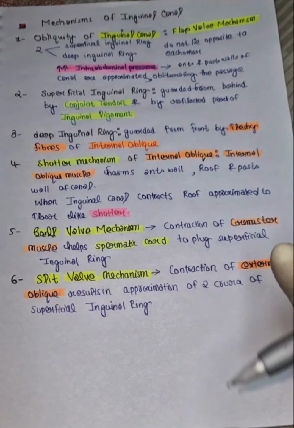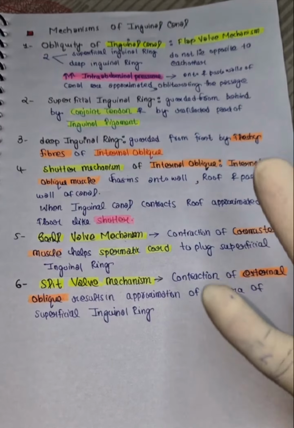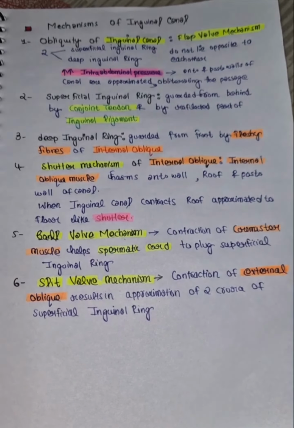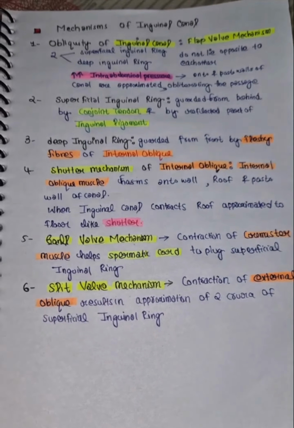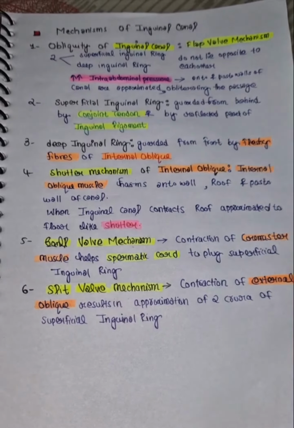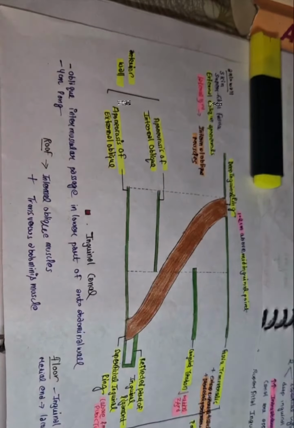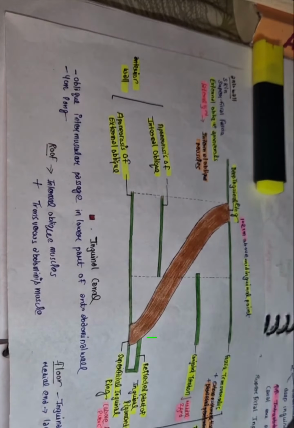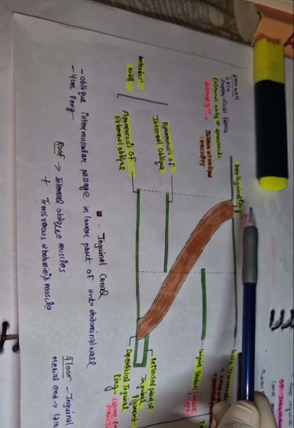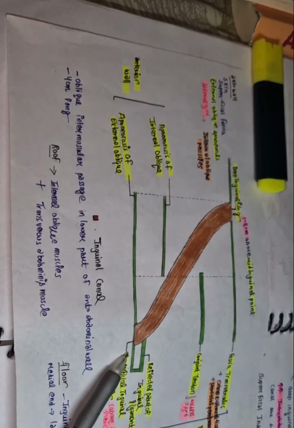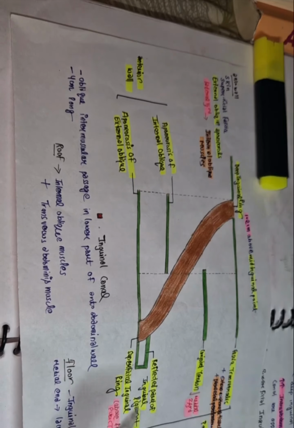With the help of a diagram, we understand this flap valve mechanism. In this diagram we can see the oblique inguinal canal, the deep inguinal ring and the superficial inguinal ring.